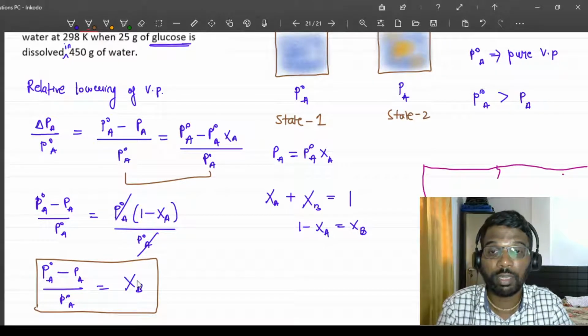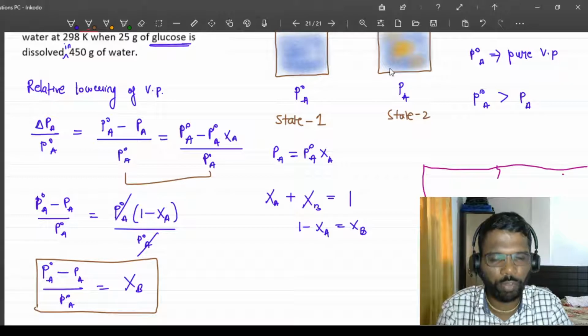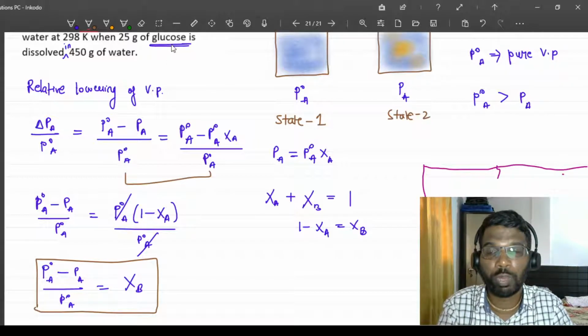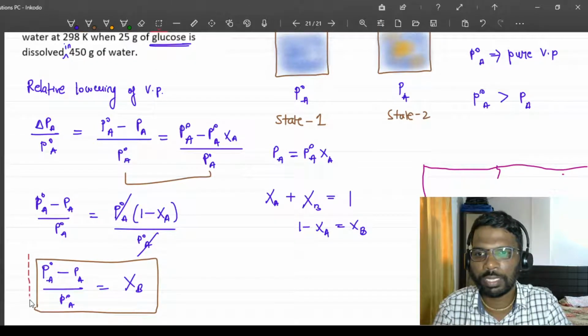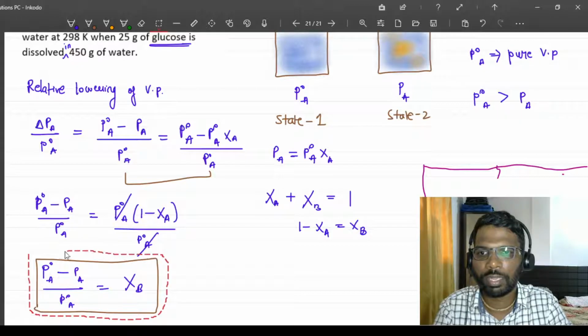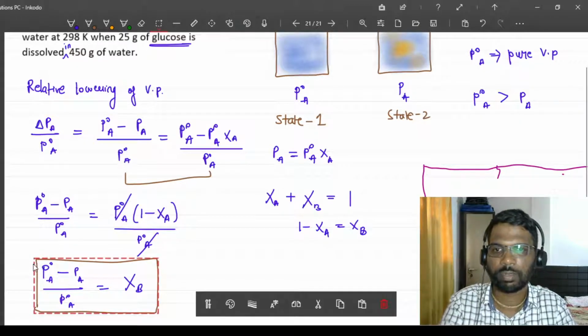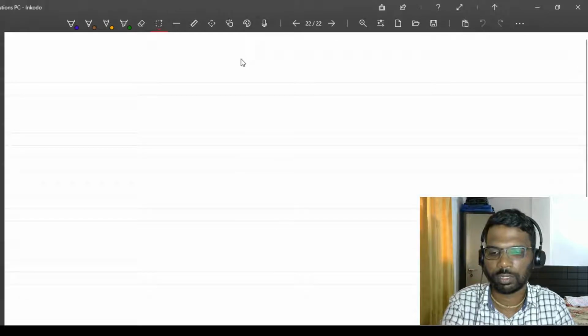The more the mole fraction of the solute, meaning if I add more glucose, there will be more relative lowering. I'll take this to the next slide and we can substitute the things here.